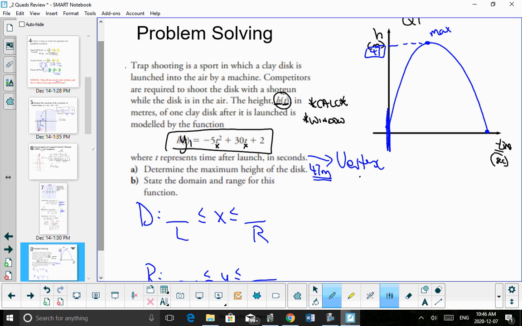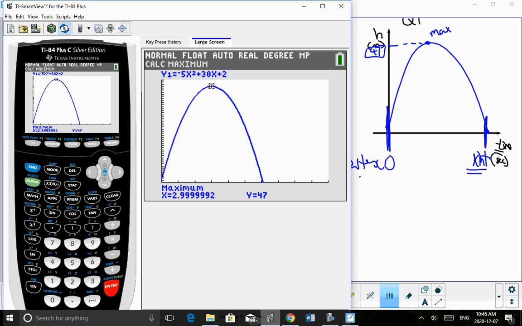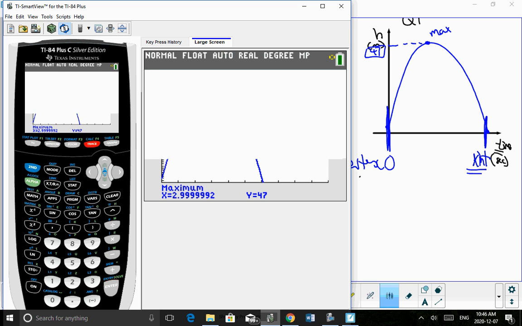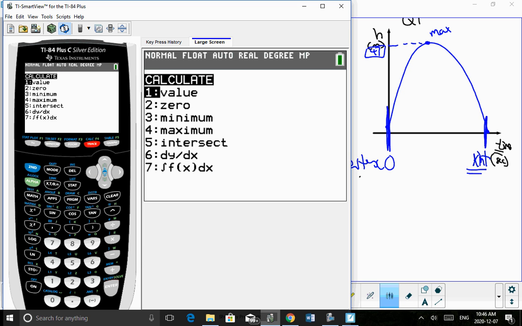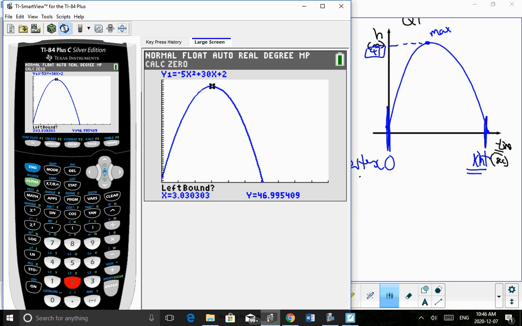So the left side of this graph is at 0. We do not know where the right side is, but in order to find the right side, we have to find what that x-intercept is, because that will give us our right. So how do we find an x-intercept? We pick number 2. That is our x-intercept. So again, we're looking for this point right here.